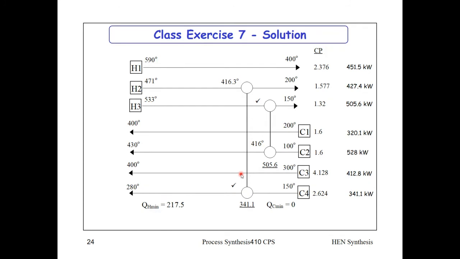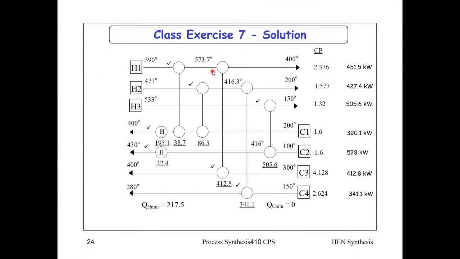Now you've only got two cold streams left, that one and that one. And you've got three hot streams because this hot stream is not complete yet. So you've still got three hot streams. Oh, wrong way. Okay. There we go.